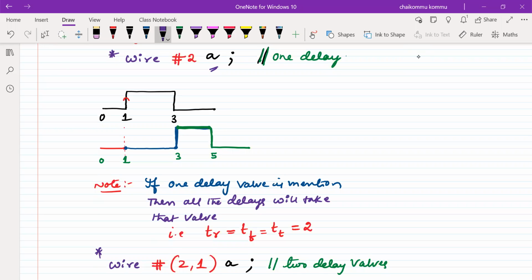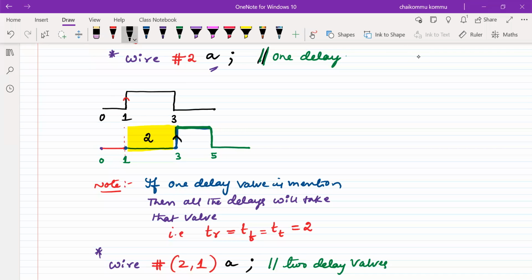Initially we have a 0 here, and whenever we have a rise, it takes two timing units. So 1 plus 2 means 3. This entire time is actually two timing units, so it takes two timing units, then it will rise.